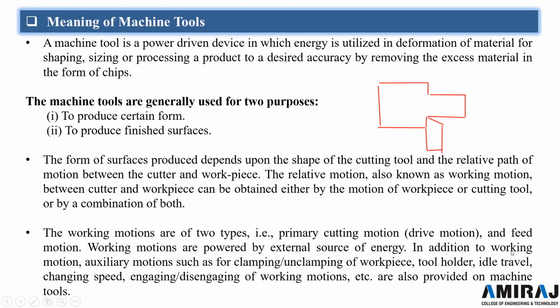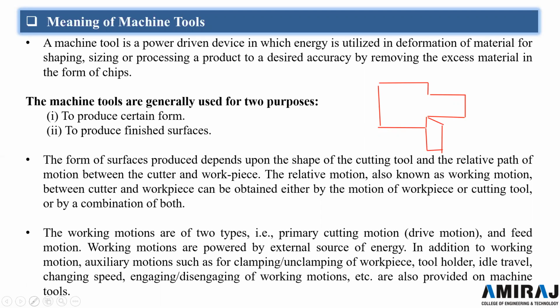The working motions are powered by an external source of energy. In addition to working motion, auxiliary motions such as clamping and unclamping of the workpiece and tool holders, idle travel, changing speed, or engaging and disengaging of working motions are also provided on machine tools.